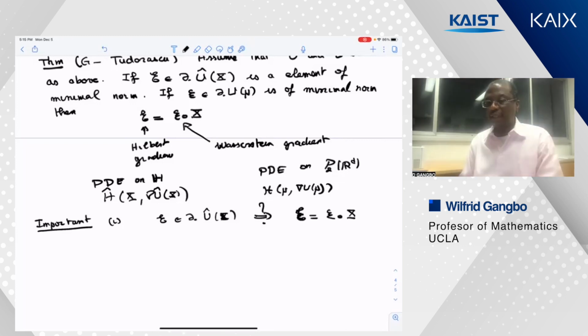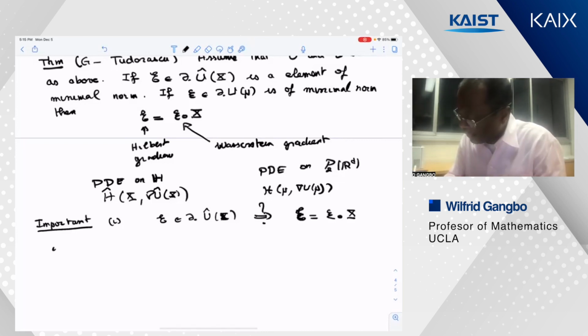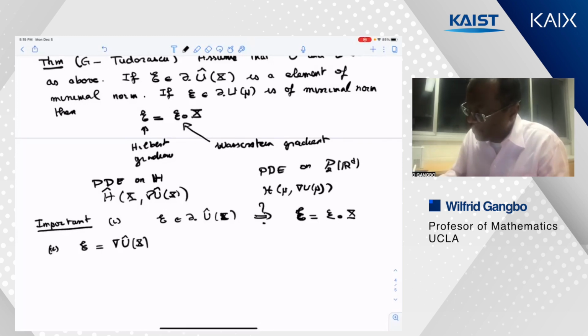This is not in general true. It is true only if I am talking about an element of minimal norm. It is also true if the function is differentiable, then the gradient is the element of minimal norm, and this is true.